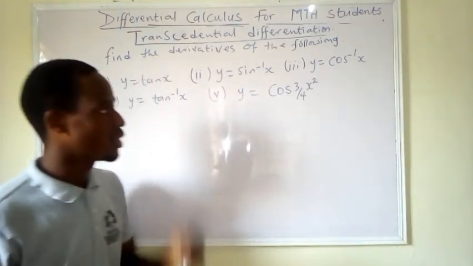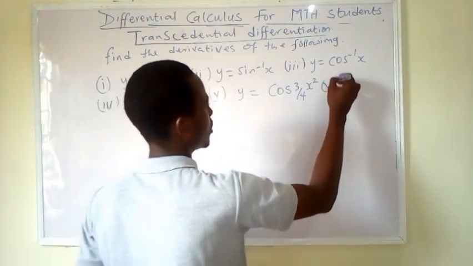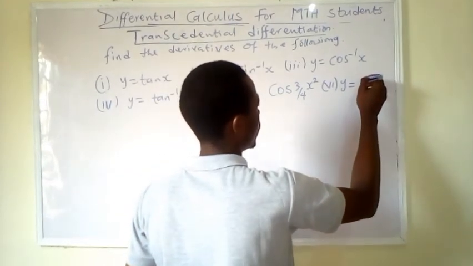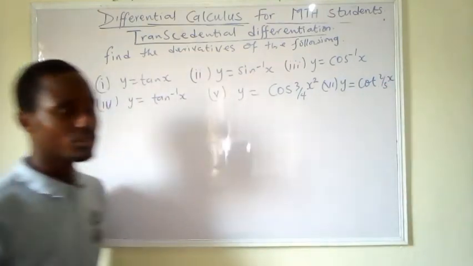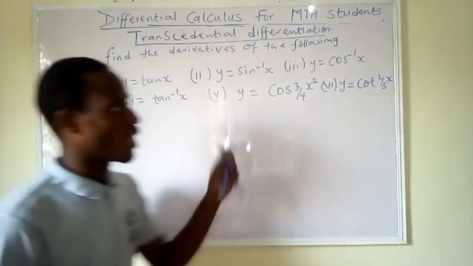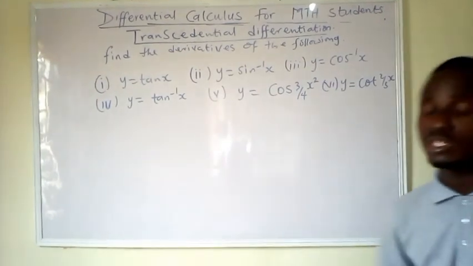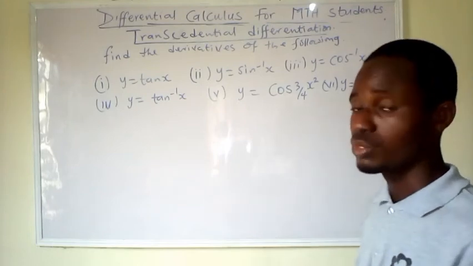Then the last one, y equals cot 2 all over 3x. So let's answer these questions. After these 6 questions, I think we should be able to answer a little bit tougher questions. Then we proceed.